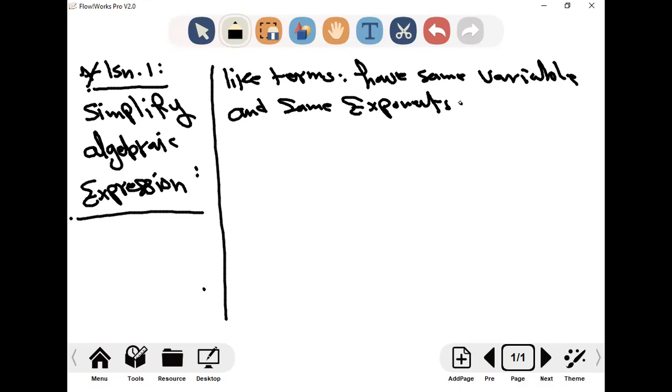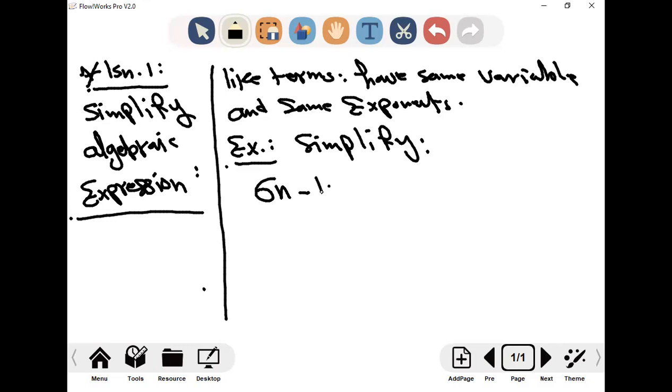Let's go to this example. Simplify 6n minus 1 minus 8n plus 9, right?